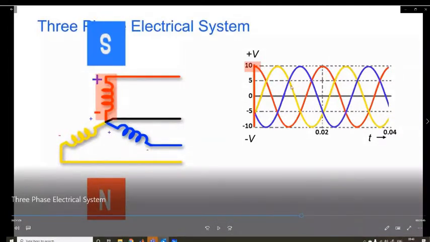And you will notice that these three signals shown here as red, yellow and blue are 120 degrees phase apart. First red becomes maximum, then yellow becomes maximum, and then B becomes maximum. That's why when we denote these three lines, we denote them as R, Y, and B. And this black one denotes the neutral point, where you have connected one end of the R, Y as well as the blue coils. This type of connection we call the star connection.